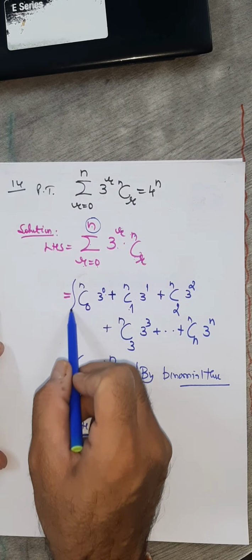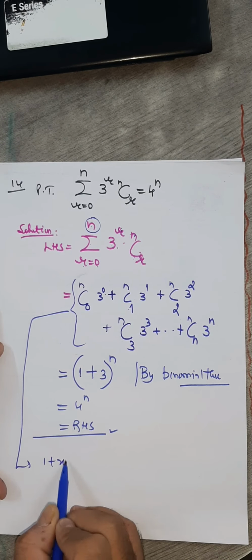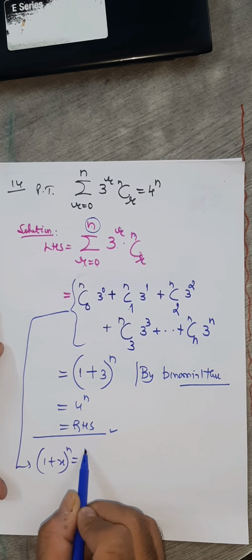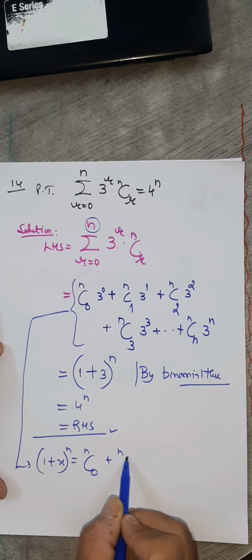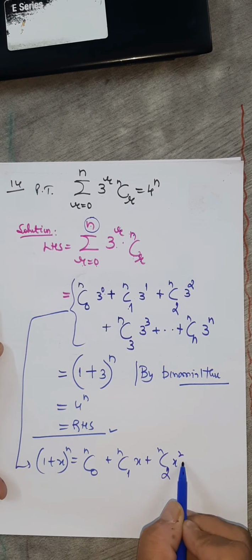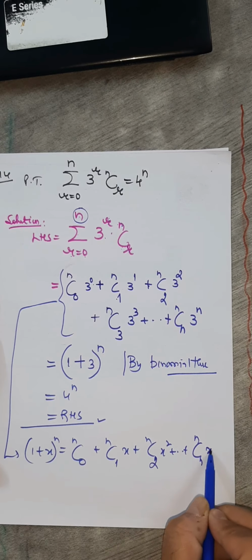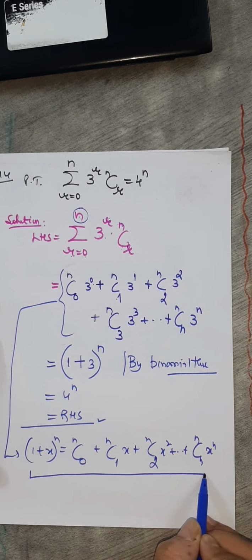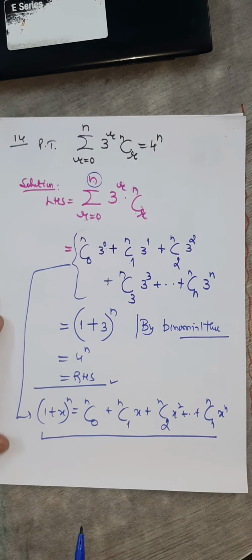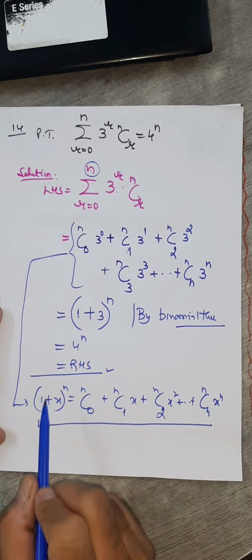What you see here is purely this one, if you remember. Its expansion is 1 plus x the whole raised to n: nC0, nC1 into x, nC2 into x square and so on. You know this. nCn into x raised to n, one of the results from binomial theorem. That's what you have used here. So here x is 3.